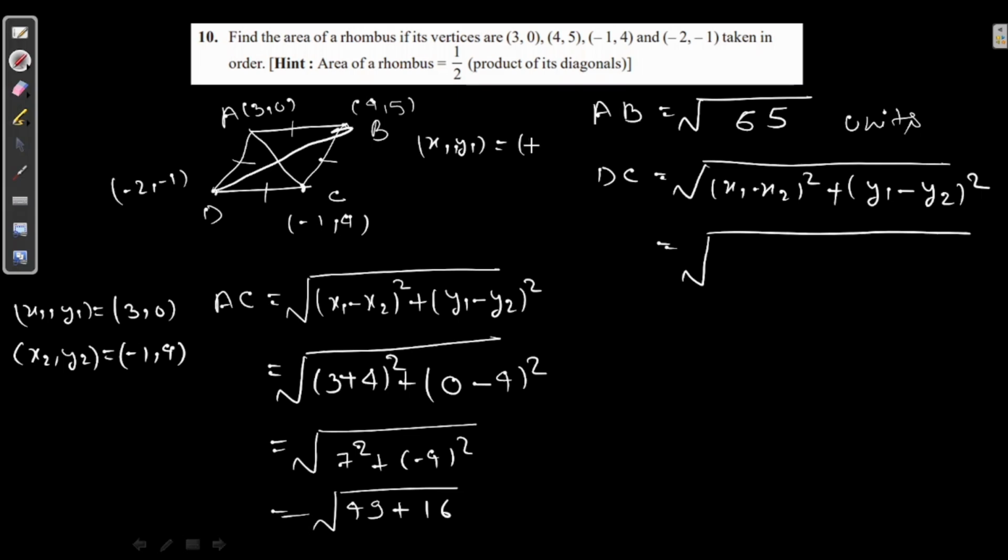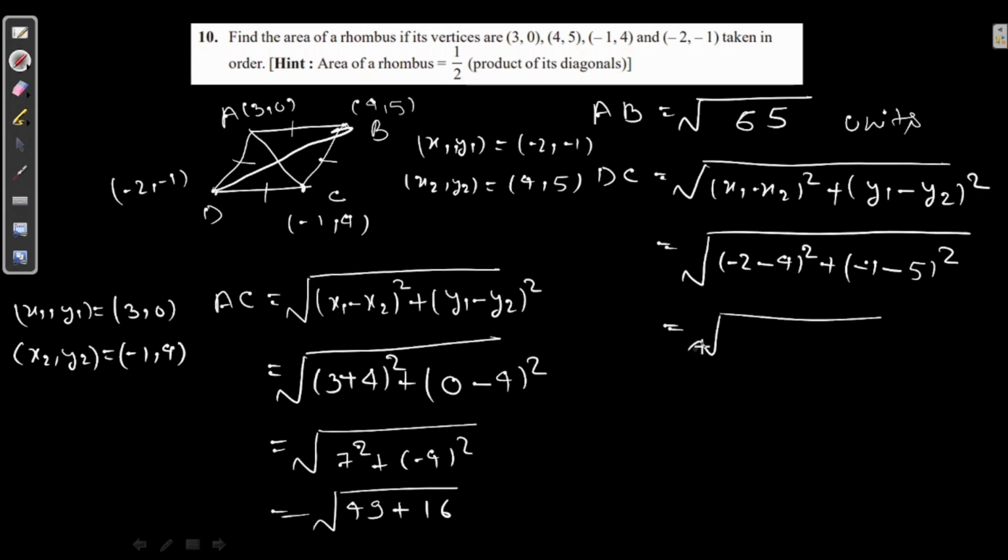So the value of x1 y1 is going to be -2 comma -1, and the value of x2 comma y2 is equal to 4 comma 5. So x1, it will be -2 minus x2, it is 4. y1, you can see after the comma, y1 is -1 minus y2, it will be 5. Simple. Just put the values.